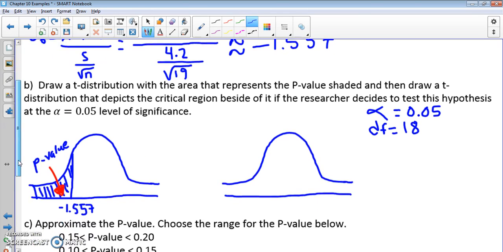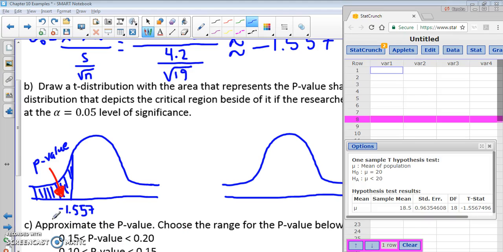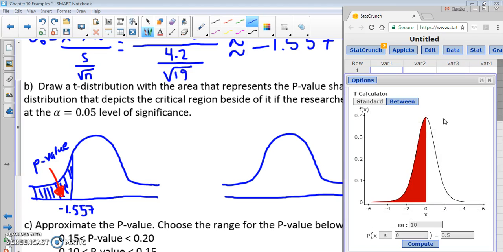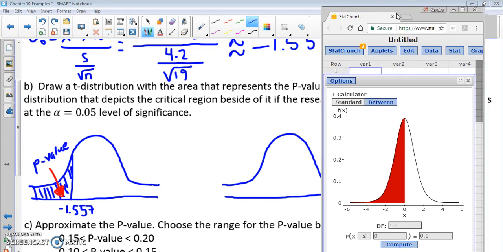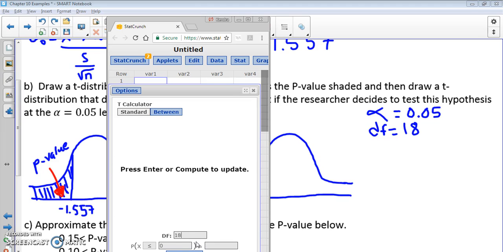So we can use StatCrunch to help us find this. We're going to go to Stat and then Calculators and T, and our degrees of freedom is 18, and we want less than, and we know that the probability here is 0.05, right?